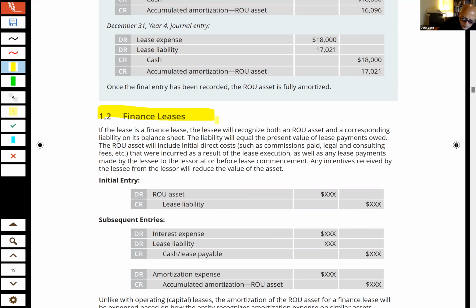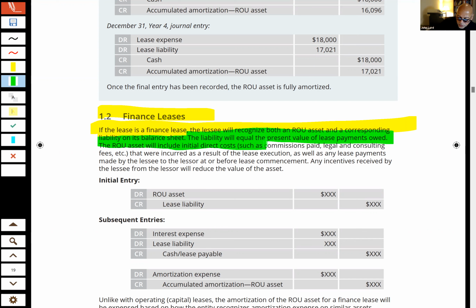So if the lease is a finance lease, the lessee will recognize both the right of use asset and the corresponding liability on the balance sheet, very similarly to how we saw before for the operating lease. The liability will equal the present value of the lease payments owed. The right of use asset will include initial direct costs such as commissions, legal fees, consulting fees, any fees that you paid once you knew you had the contract, right?